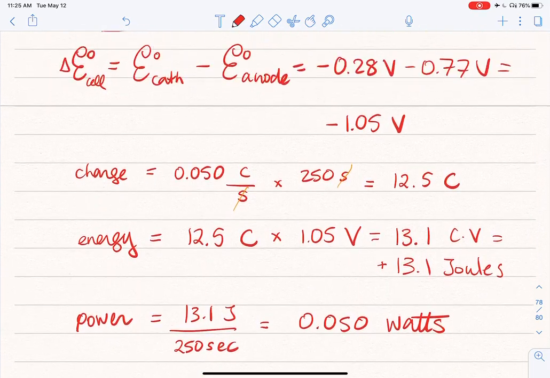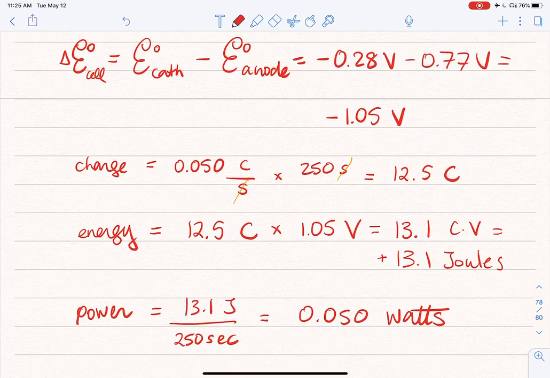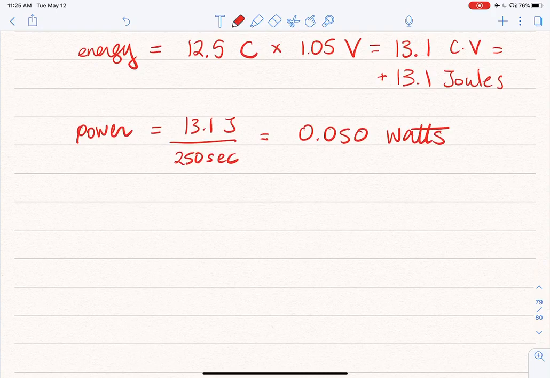So the easiest way to convert between charge and mass is to use the Faraday constant. I would take this charge and use the Faraday constant to convert it to the number of moles, and then that's going to set us on a path to get the mass of cobalt.